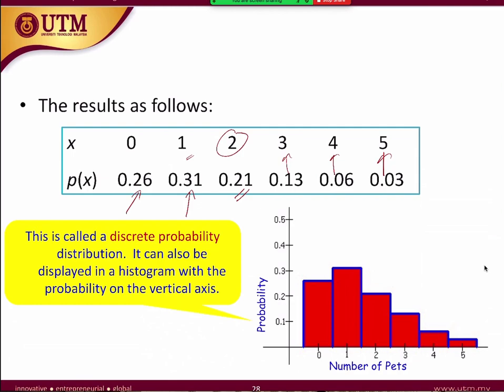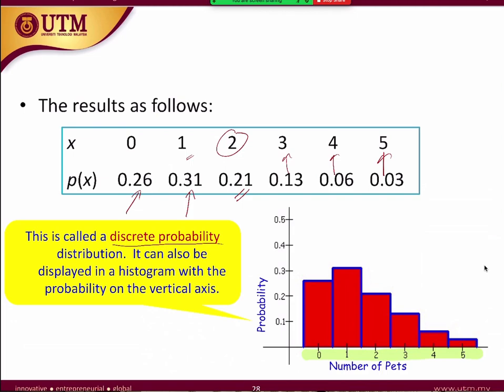So this is what we call a discrete probability, and we can also display it with a histogram like this. For discrete probability, this is one thing that you need to take note of. Your x-axis is usually represented like this.